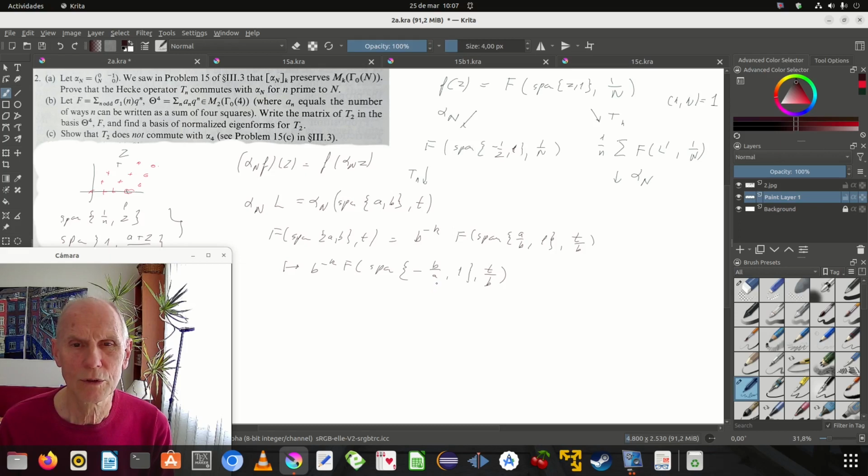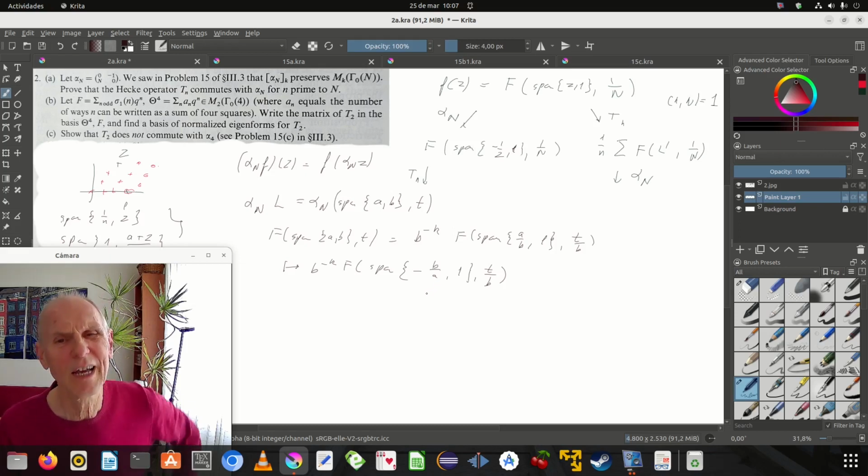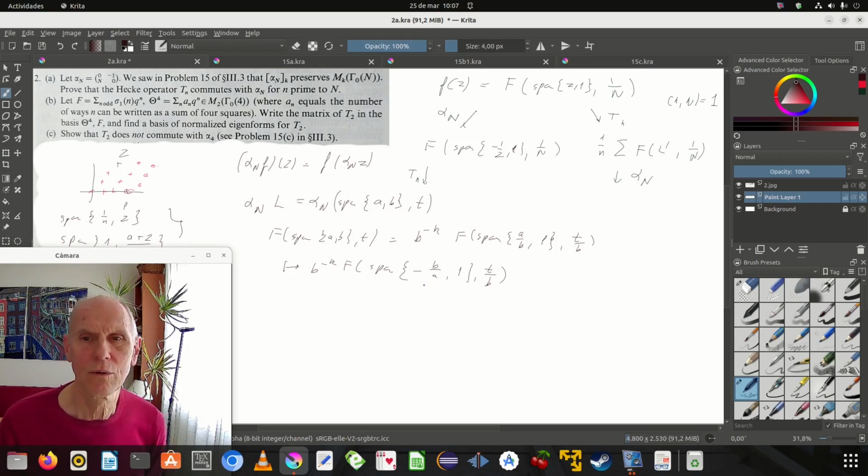I wonder what we should do here. Yeah, I think we should, my problem here is that I would like to take the factor minus a out, but then we get a minus a does not lie in h, nor does minus b.